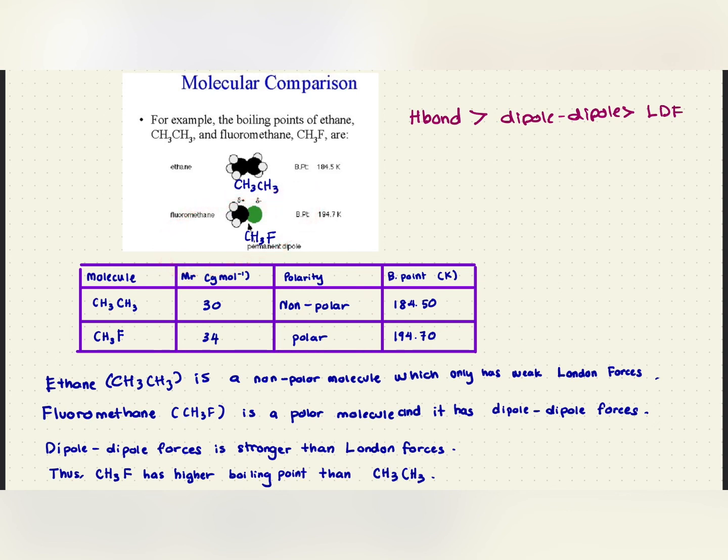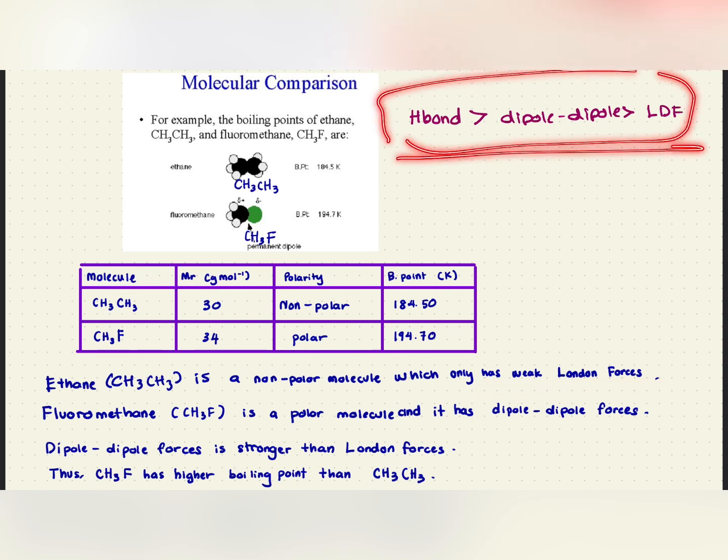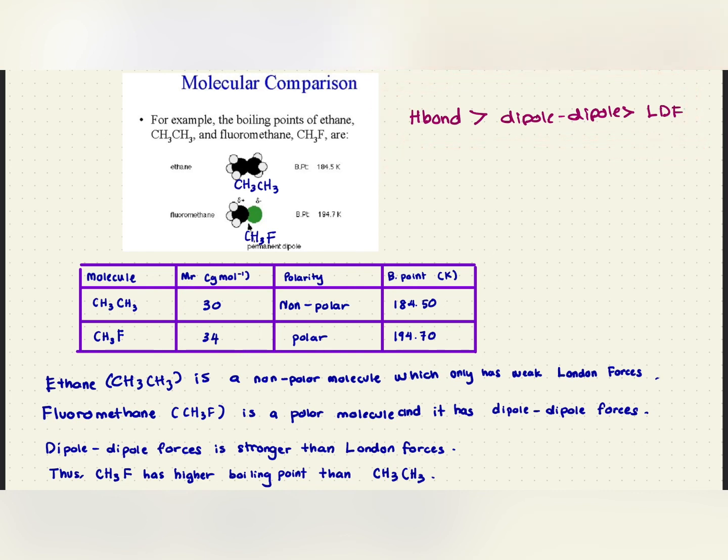Okay, so the explanation will be ethane is a non-polar molecule, so it only has weak London forces. Okay, so remember, bila kita compare mesti tengok balik this three intermolecular forces and tengok dia punya ranking. Hydrogen bond kalau ada, dia strongest.